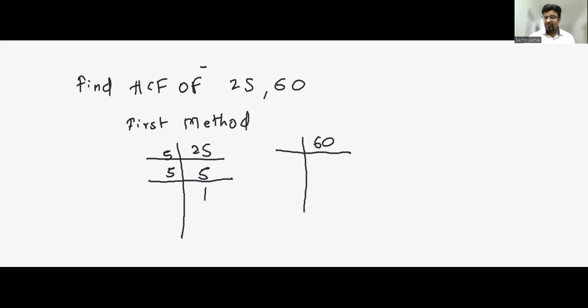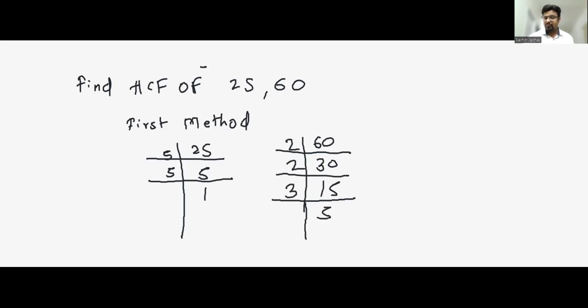In the same way, we will find the factors of 60. For 60, the first prime number is 2 and 60 is divisible by 2. So we will divide it by 2. You will get 30. And 30 again is divisible by 2. So we will divide it by 2. We will get 15. Now 15 is not divisible by 2. So we will take the next prime number, that is 3, and 15 is divisible by 3. 3 5s are 15.